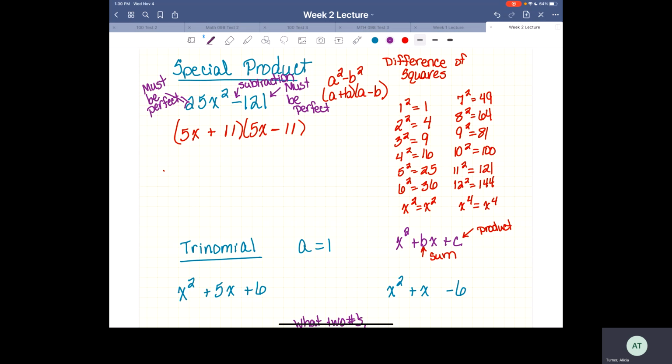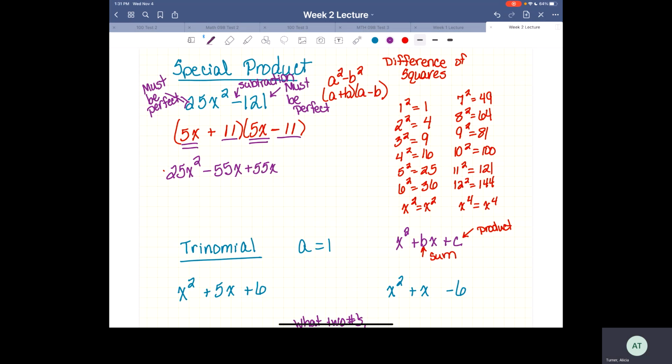Because students all the time want to make that a plus and use the same property, and you can't. It doesn't work. If I were to FOIL this back out, 5x times 5x is 25x squared. 5x times negative 11x is negative 55x. 11 times 5x is positive 55x.